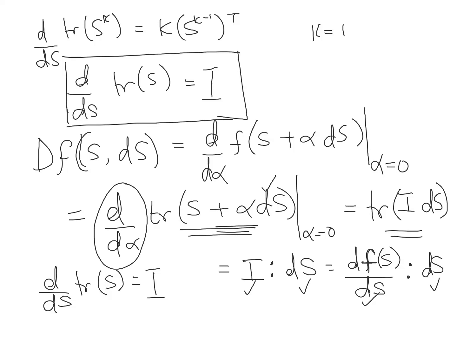If you go to the table we started with, on that table, for your Frechet derivative, why are we differentiating with alpha and not S?